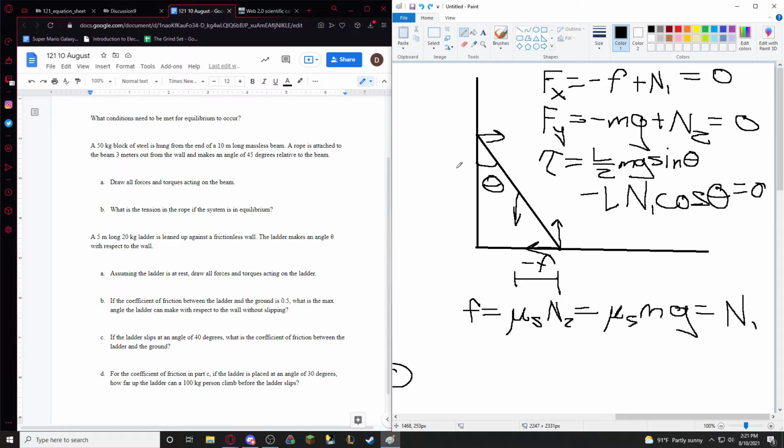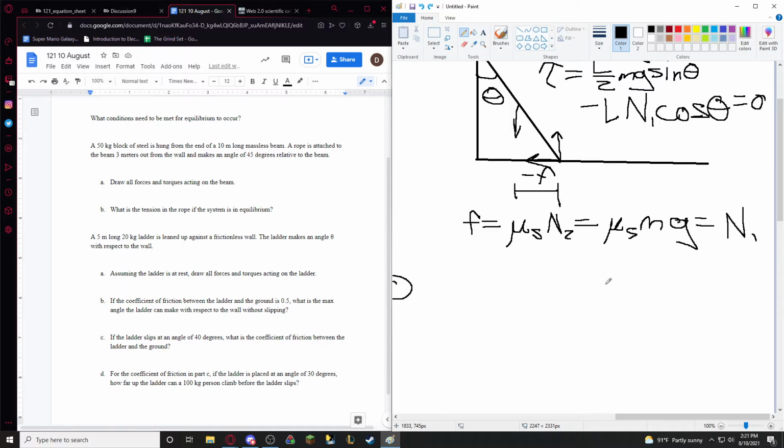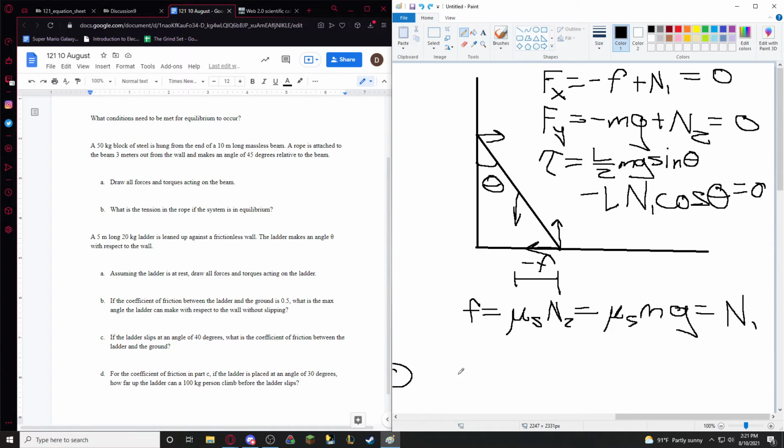So now, let's go ahead and plug this into the torque equation and see what happens. So we have L over 2 mg sine theta is equal to, we're going to move this part over to the right side, L N1, so we'll plug in mu s mg cosine theta.